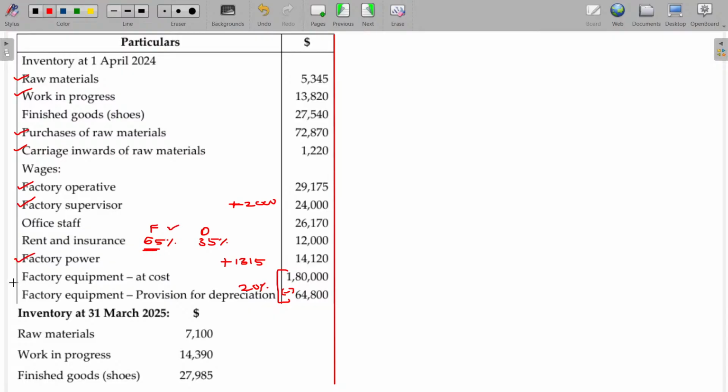Factory power will come. Factory equipment will also come, but only the depreciation. Now, cost of material consumed, raw material consumed.